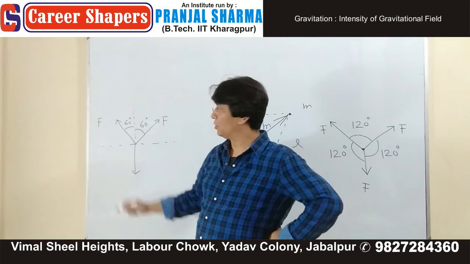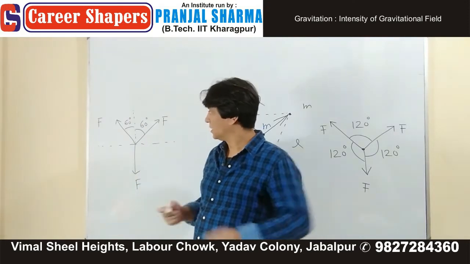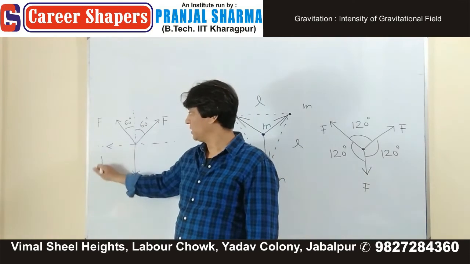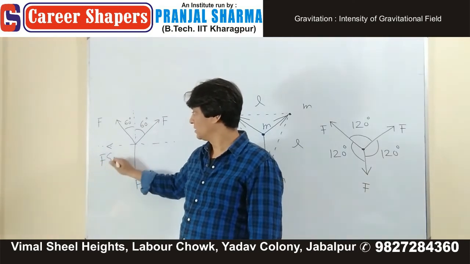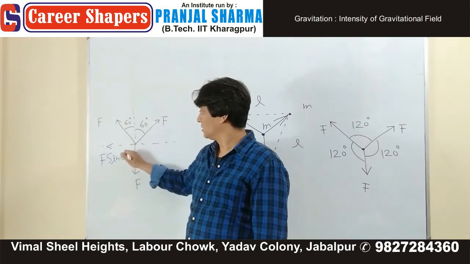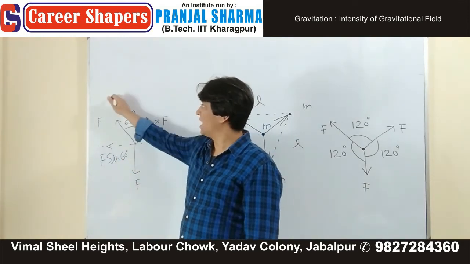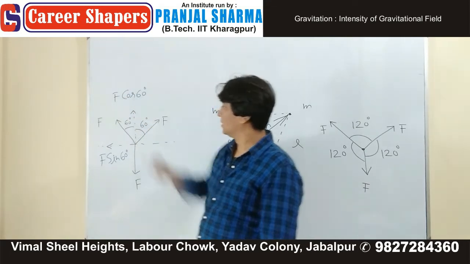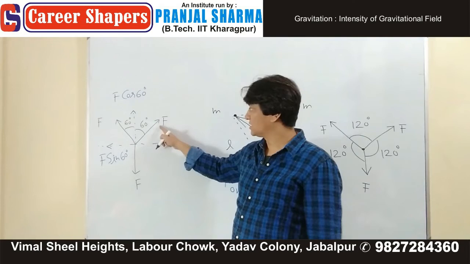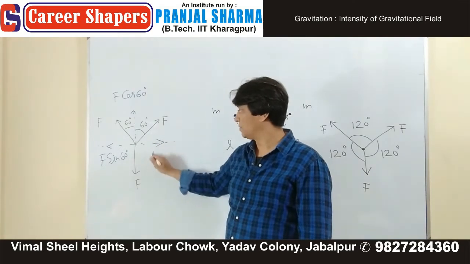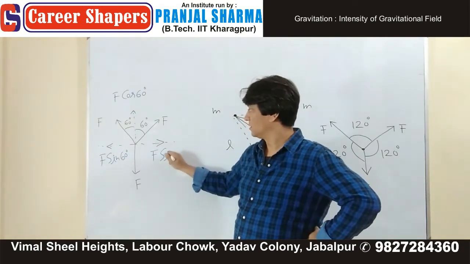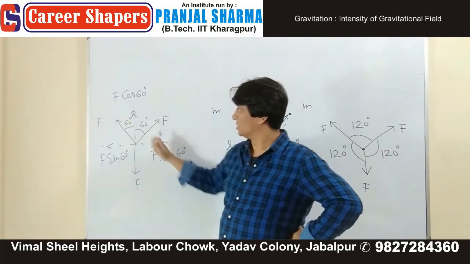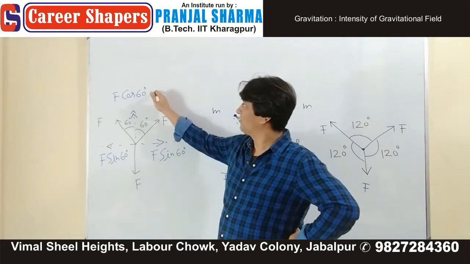So when you take the components, the component of this F in this direction will be F sin 60, and in this direction it will be F cos 60. Similarly, the component of this F in this direction will be F sin 60, and in this direction it will be F cos 60.